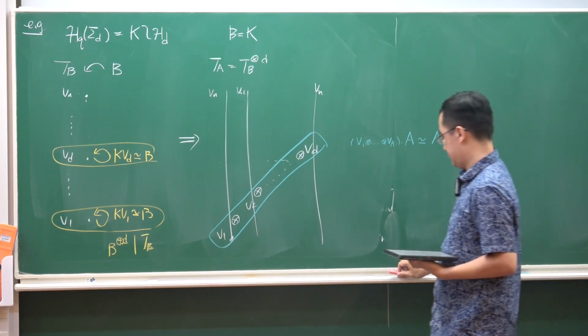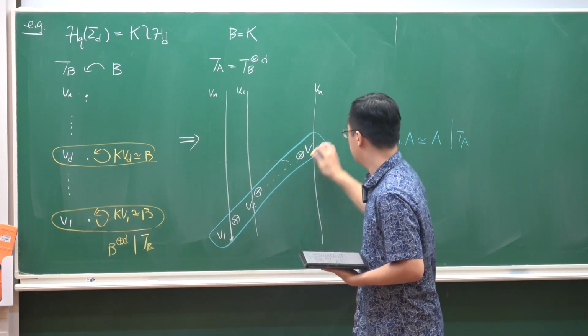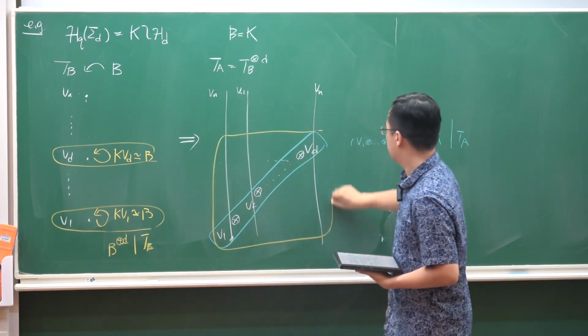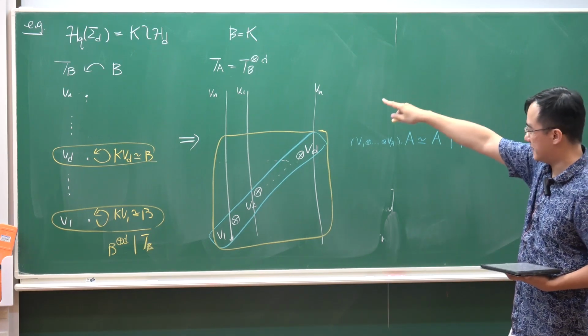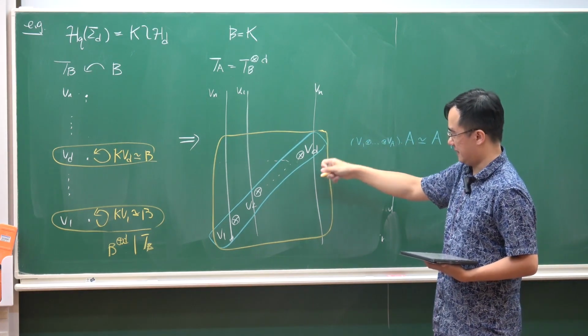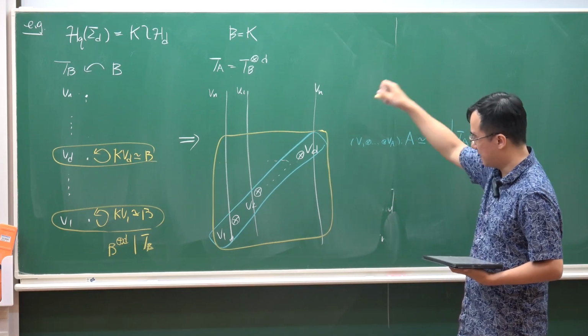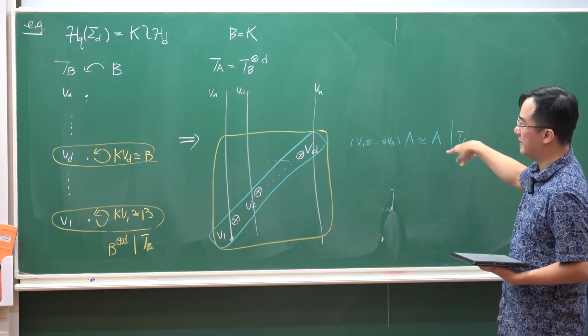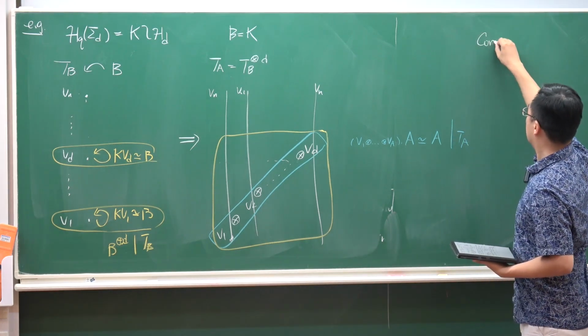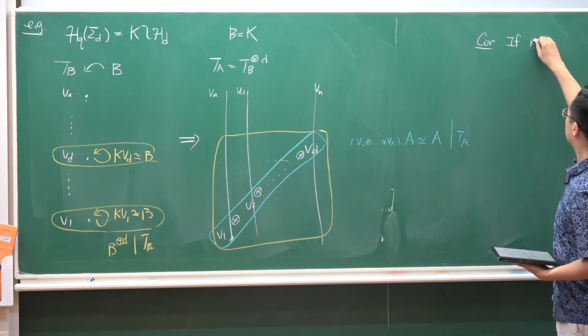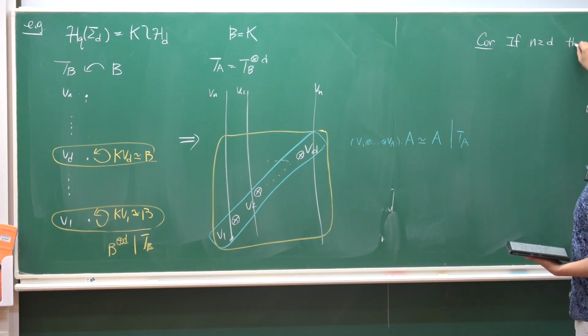So as long as n is greater or equal to d, I have constructed a canonical action that corresponds to this splitting, and hence this recovers the usual Schur-Weyl duality.